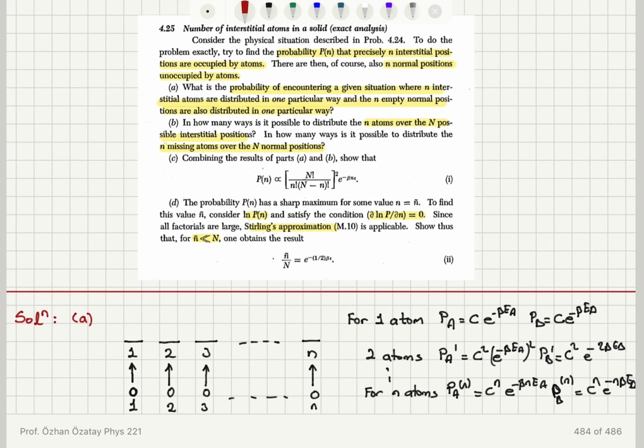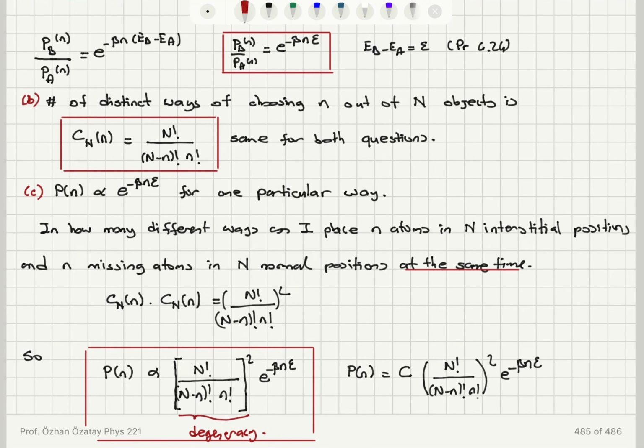And for two atoms to jointly occupy two positions, it's the square of this. For n atoms, it's to the power n. So the probability of having n atoms occupying n particular interstitial positions divided by probability of having n missing atoms having n particular positions, normal positions, we have the ratio e to the minus beta n epsilon.